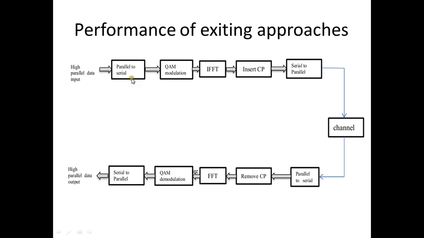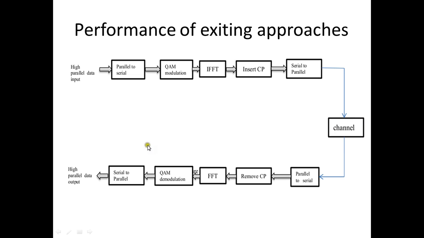The first step is parallel to serial conversion, and then I use QAM modulation, and then go into the IFFT processing, and then insert the cyclic prefix to eliminate the inter-symbol interference and inter-channel interference, and then go to serial to parallel conversion and transmit the signal through the channel. And in the channel, I also add some noise.